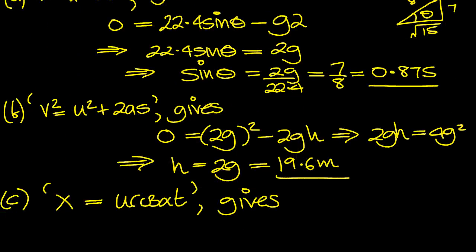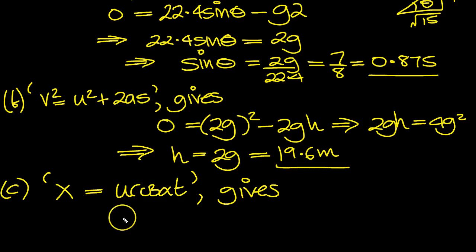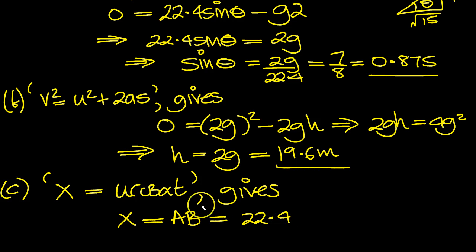And so we know that x, the range, which is equal to AB, is equal to 22.4 cosine theta. So this is theta. I'll put that in straight away here.